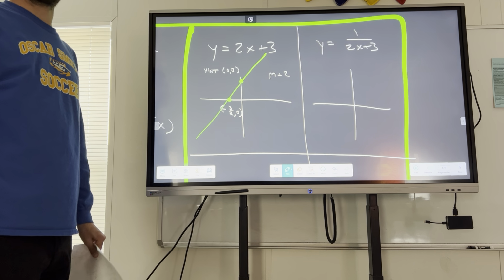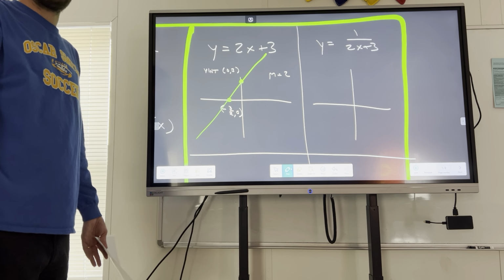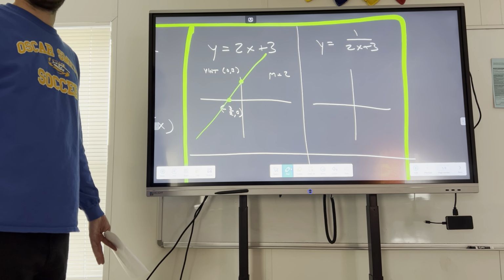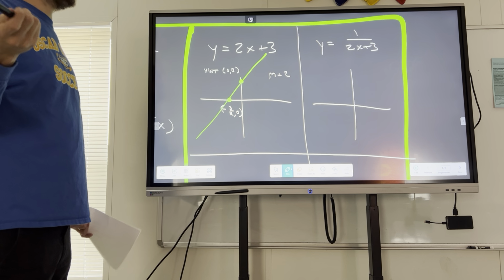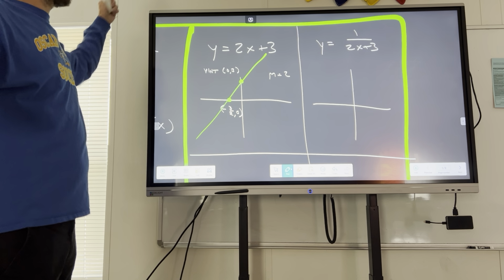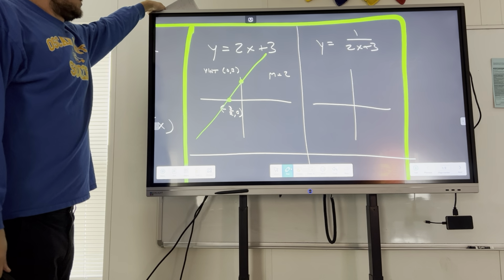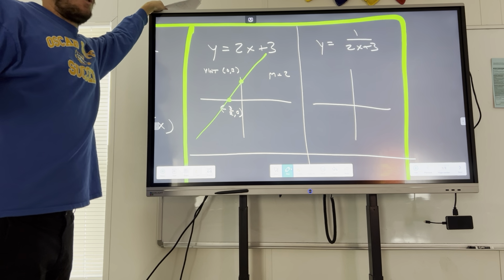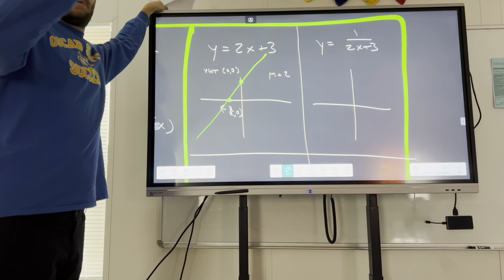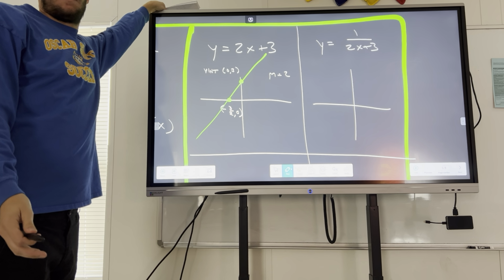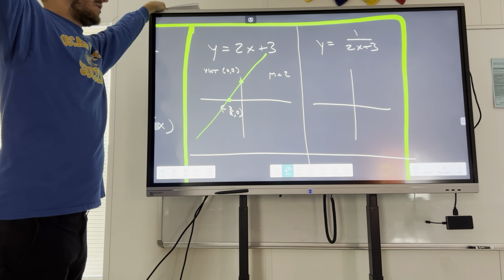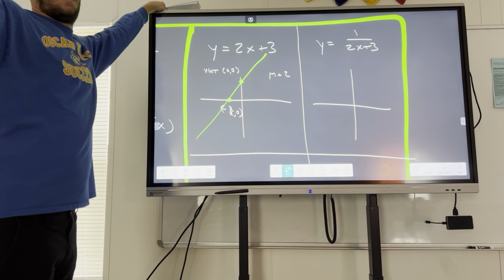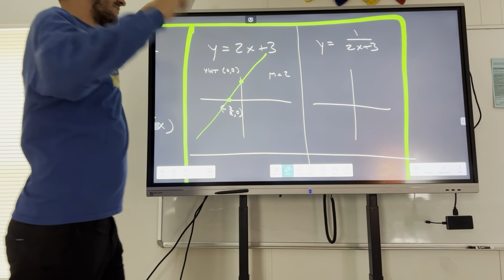Does that graph look different, similar, or very different? Well, first of all, give me something. Do we know what a vertical asymptote would be, a horizontal asymptote? Do we know what an x-intercept would be, a y-intercept would be? The vertical would be -3/2.